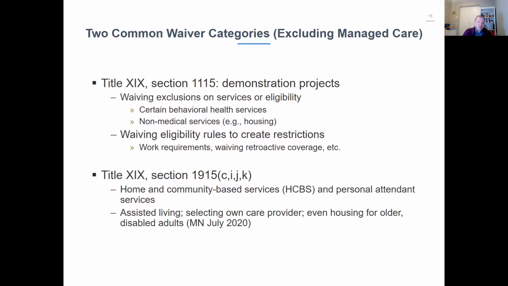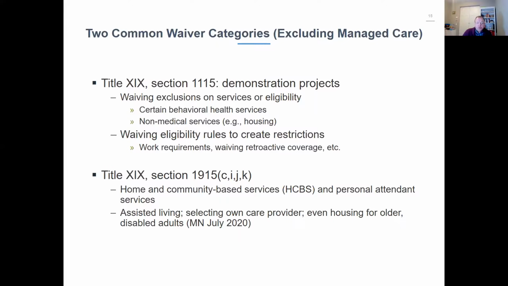For example, one thing that's happened recently were work requirements. Some states can choose to waive retroactive coverage, which we'll talk about in a second. Typically these things are required, but states can sometimes waive those eligibility requirements or uncovered services.